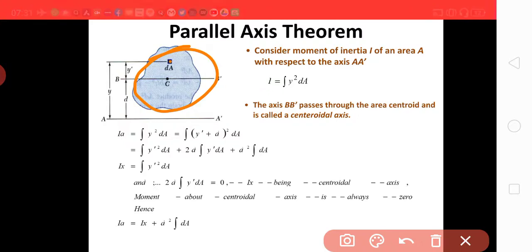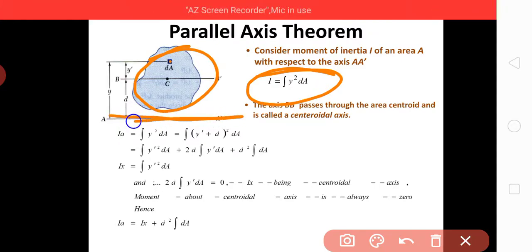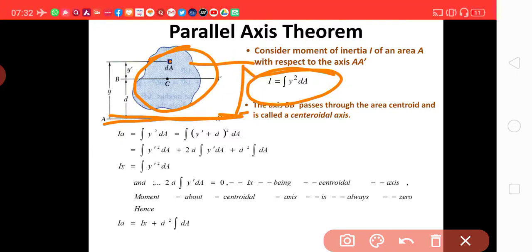This area is dA. By the very first principle, I is equal to the integral of y square dA. Then Ia, the moment of inertia about this axis, is the integral of y square dA, since its total dimension is y here.